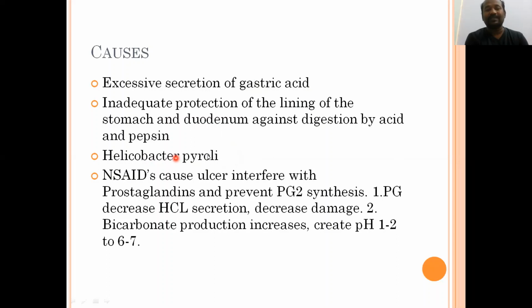Helicobacter pylori secretes an enzyme called urease, which converts urea into ammonia and bicarbonate. This ammonia is very toxic. This toxic ammonia will cause erosion of the GI lumen or gastric mucosa. So Helicobacter is a majorly important factor in peptic ulcer disease.